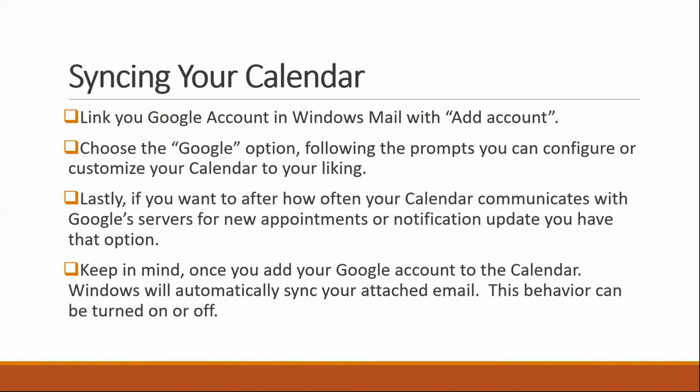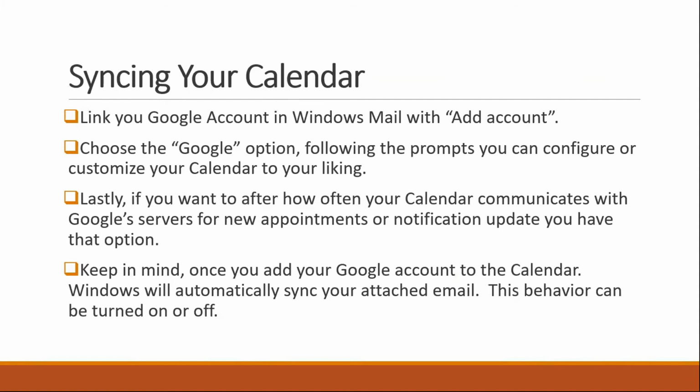The process is that in Windows, you just go in and add your Google account. Choose the Google option, follow the prompts, and it will then customize your calendar to your liking. If you want to set how often your calendar communicates with the servers for new appointments, you also have that option.